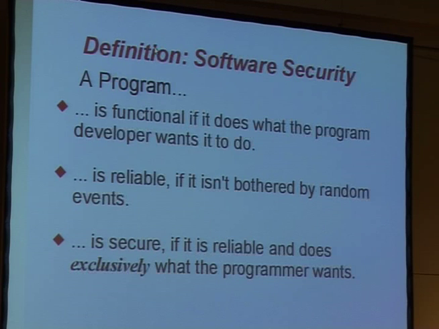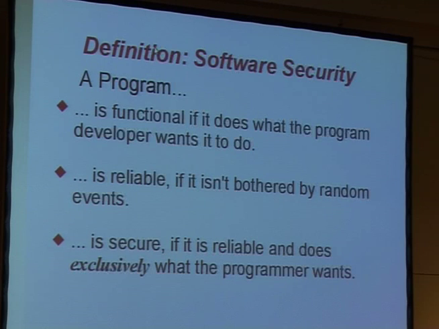My opinion is, taking an incremental approach, a program is functional first if it does what the program developer wants it to do. And it is reliable if it isn't bothered by random events, so it just keeps on doing what it should do, even though random packets arrive and packets get corrupted by chance. Even if there are bugs, you won't see problems because the system just keeps running.